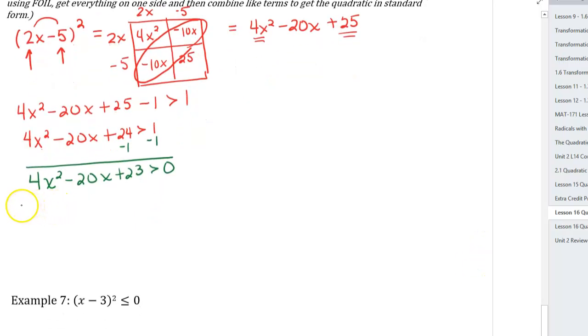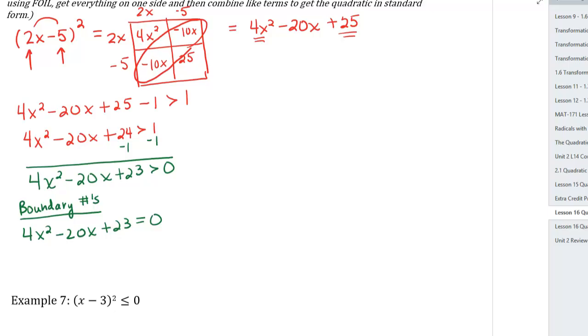So remember, to find the boundary numbers, what you're going to do is solve the related equation. 4x squared minus 20x plus 23 equals 0. And I'm going to go ahead and tell you, to save time in this video, that this one is not factorable.